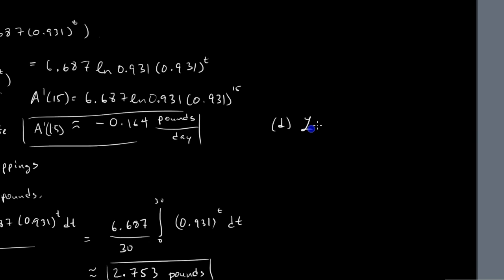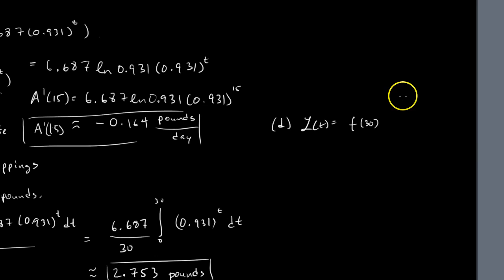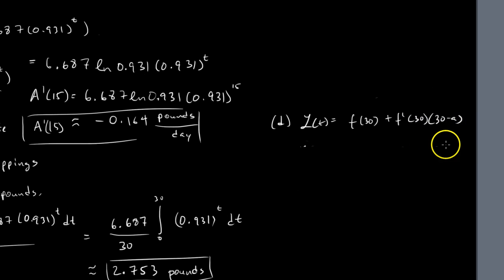So L of t is a linear approximation, and we know that a linear approximation is equal to f of 30 in this case, because they wanted time equals 30. So f of 30 plus f prime of 30 times t minus 30.